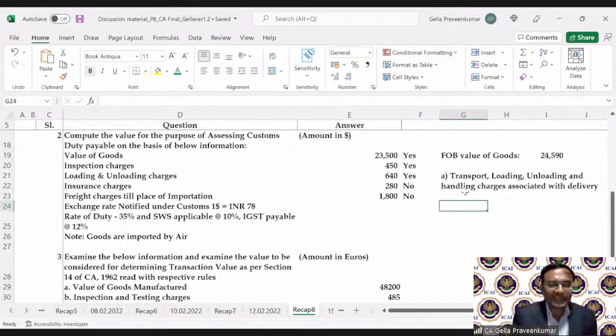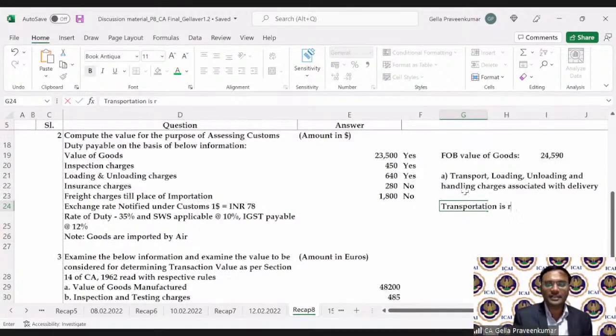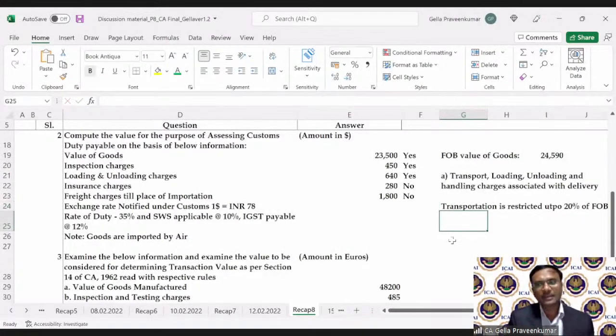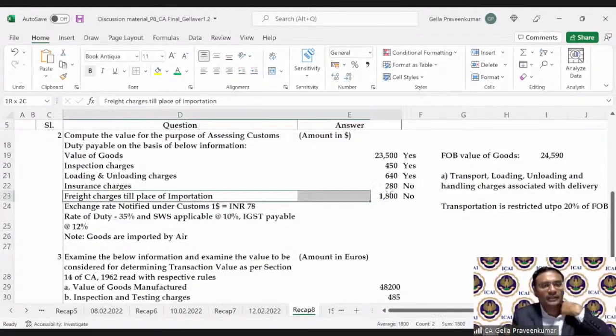So there is a technical glitch over here, where the general practice is transportation is restricted up to 20% of FOB value. Now, for customs law purposes, in case the goods are imported by A, the freight charges, whatever freight expenses we have incurred, would be restricted to 20% of FOB value.